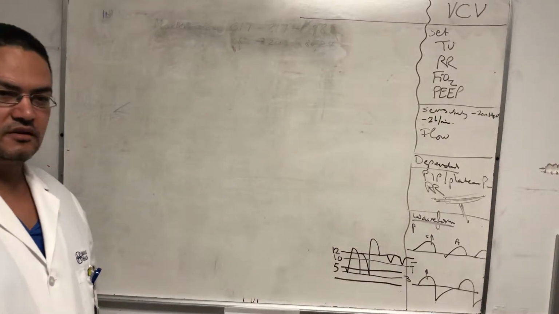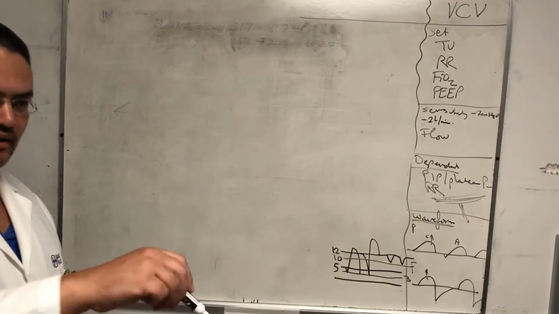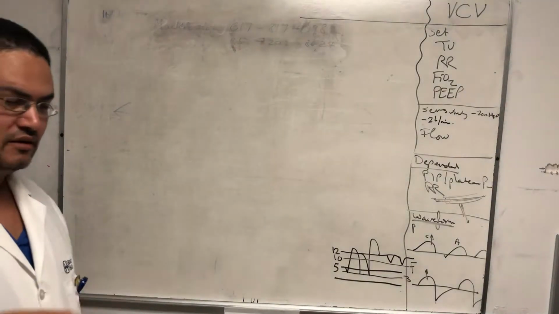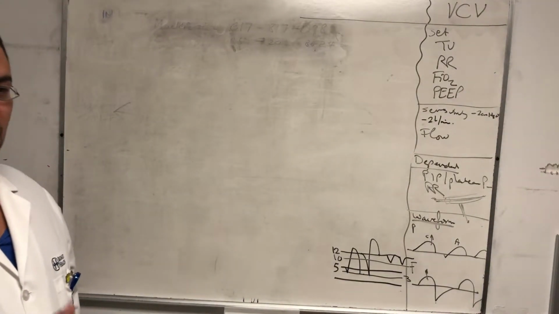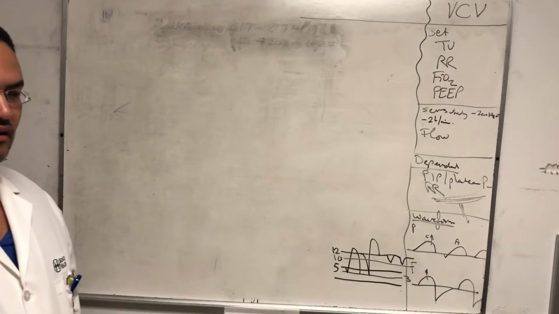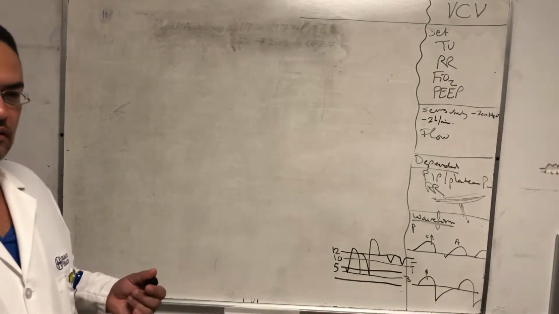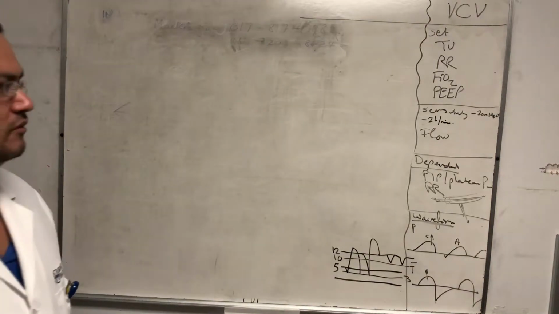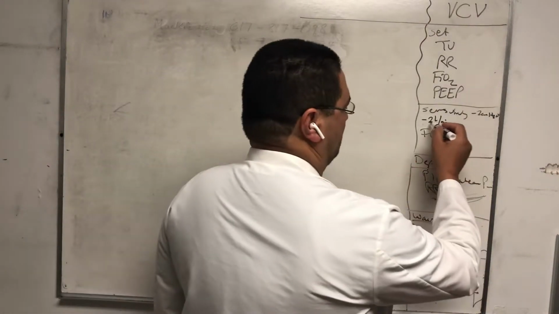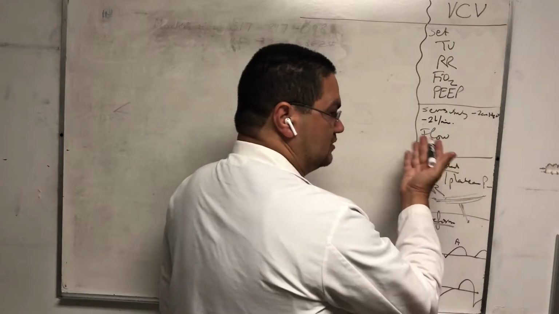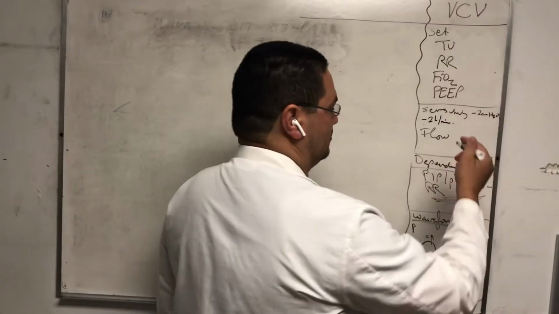That requires that all the vents now have something called bias flow, which is like 70 cc's a minute, which allows the vent to recognize the patient's effort.